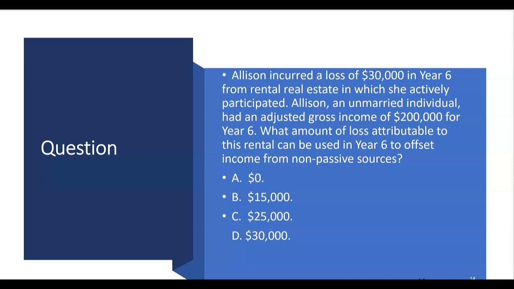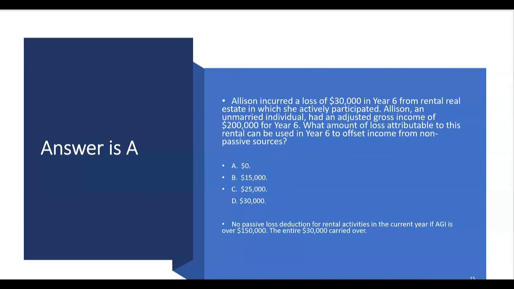It's over $150,000. So she's not going to get any deduction even though she materially participated in the rental. So the answer is going to be 0, which is answer choice A. No passive loss deduction for rental activities is allowed in the current year if AGI is over $150,000, and here it's $200,000. The entire $30,000 loss carries over to next year.